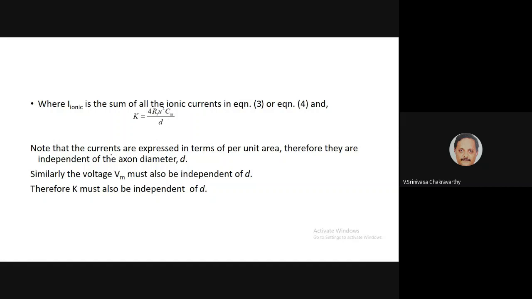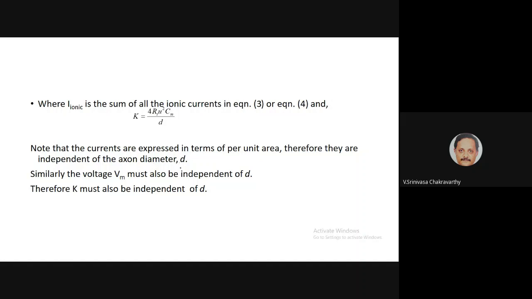Now, notice that all the currents expressed are in terms of per unit area. That's what we have done to move the cable current, the membrane current Im, into the Hodgkin-Huxley equation. Therefore, since the currents are in terms of per unit area, they are independent of the axon diameter.